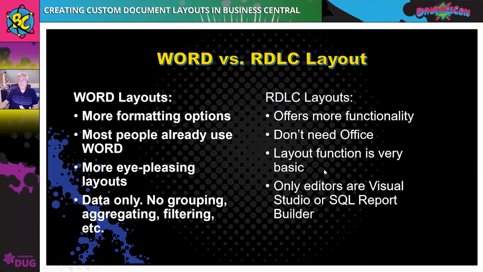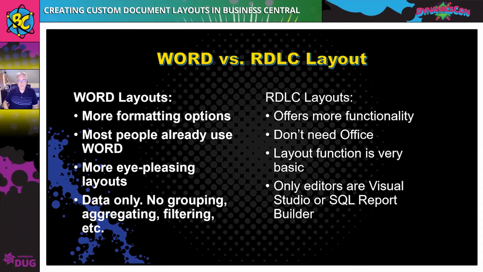The layout functionality is fairly basic, so just be aware of that. You can't get a lot of fancy stuff like some of the Word formatting you can do, but at least it's available to you. And like I said, you have to have Visual Studio or SQL Report Builder to be able to use it and manipulate it. But other than that, you're basically doing the same thing with the system to be able to assign it.